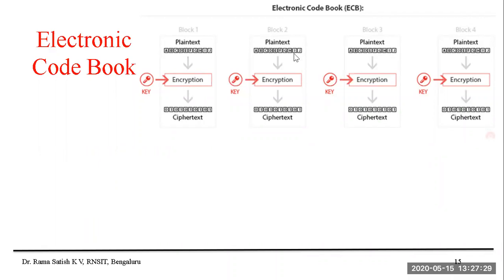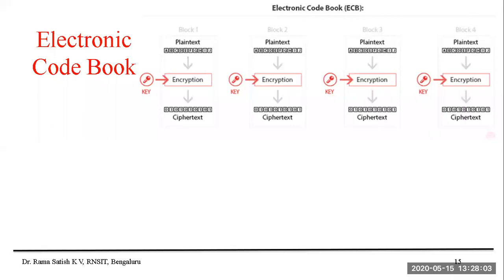They do it with the same key, but the administrator, what is the guarantee that the administrator also cannot hack? This is the biggest problem with electronic code book. The administrator is the one who provides the key. If the administrator comes to know this key, what is the guarantee that he will never hack?